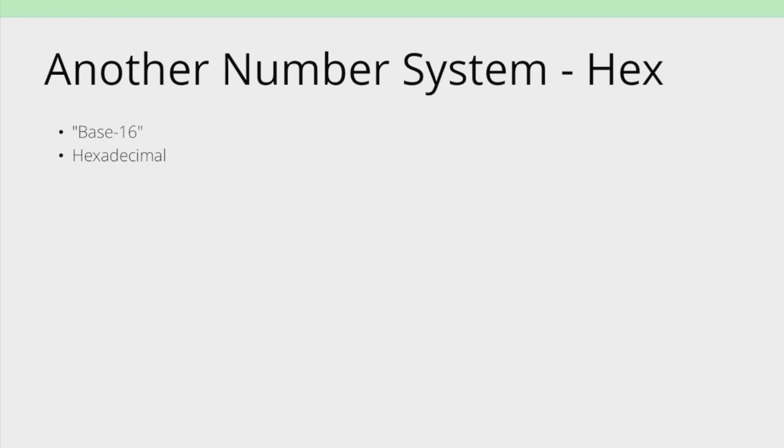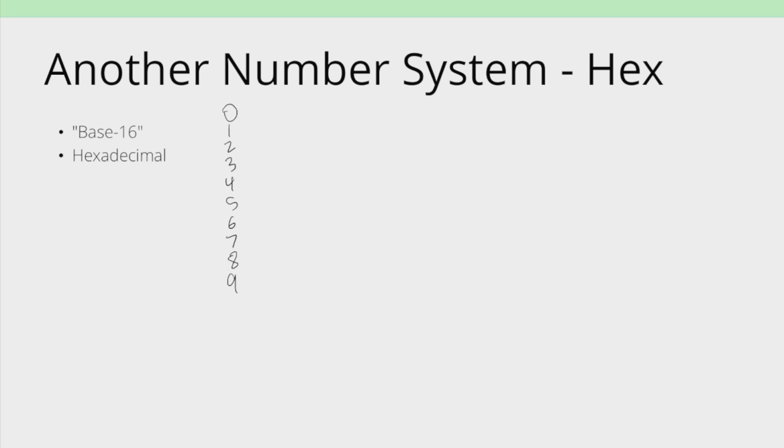Finally, our next and last base that we're going to learn is base 16, hexadecimal. So in base 16, we have 16 symbols. Let's go ahead and start listing them out. We have the customary 0, 1, 2, 3, 4, 5, 6, 7, 8, 9. But we need 16 symbols.